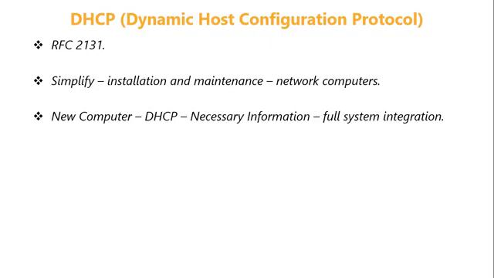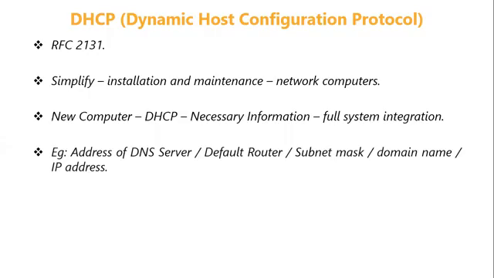So what kind of information does DHCP provide for integrating it with the network? Typically it provides this information for the new computer which is joining the network.